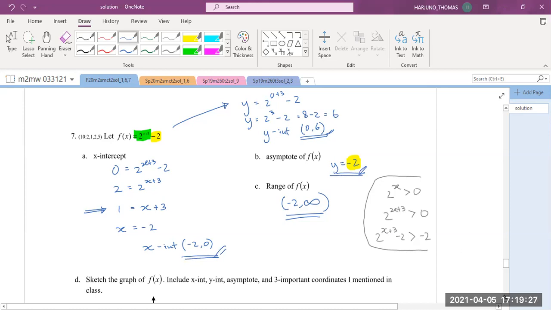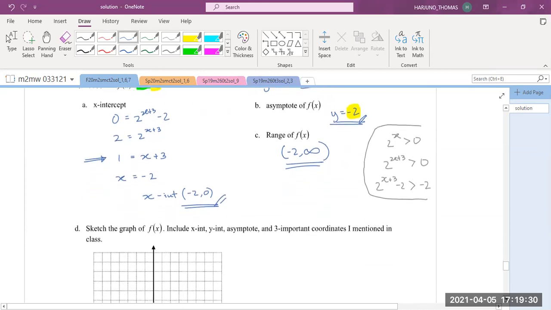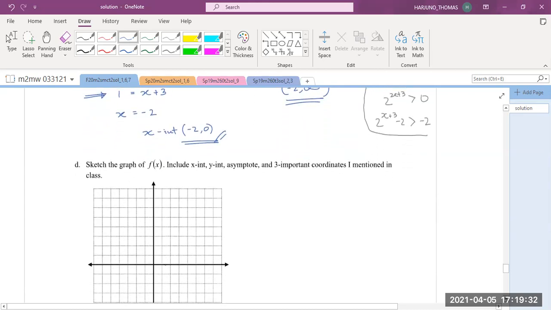Okay, now sketch the graph of f(x). We have x-intercept (-2, 0), y-intercept (0, 6), and the horizontal asymptote y equals negative 2. And the 3 important coordinates are from 2 to the x, this guy, this guy, this guy.